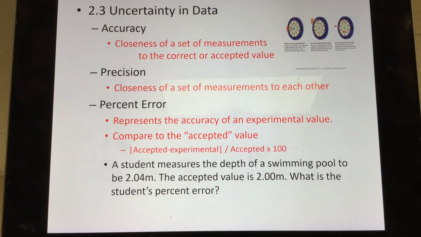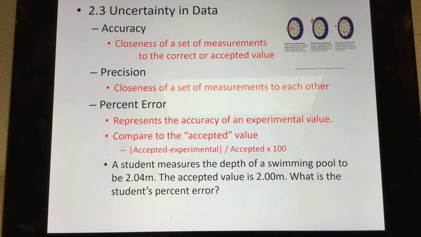The way we calculate that is we take the accepted value, what the value really should be, minus your value, the experimental value. And if you notice, there's those vertical lines around those two things. That means we take the absolute value.